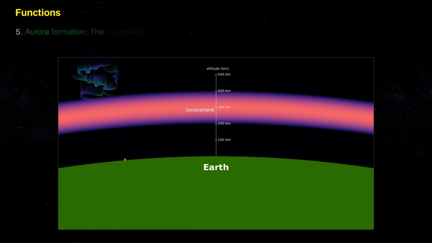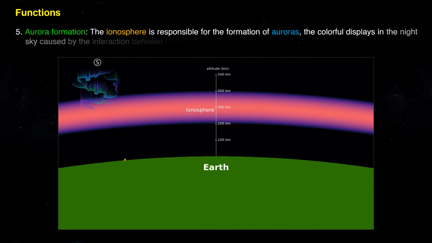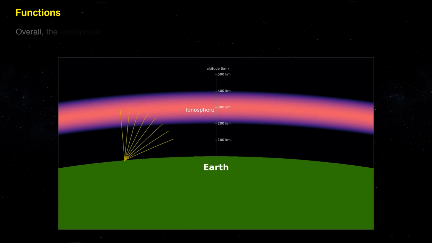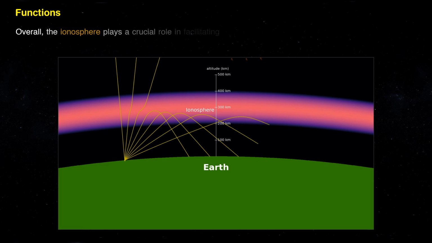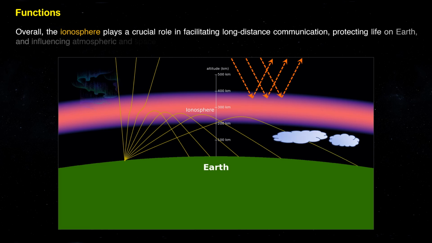Aurora formation. The ionosphere is responsible for the formation of auroras, the colorful displays in the night sky caused by the interaction between solar particles and the Earth's magnetic field. Overall, the ionosphere plays a crucial role in facilitating long-distance communication, protecting life on Earth, and influencing atmospheric and space weather processes.